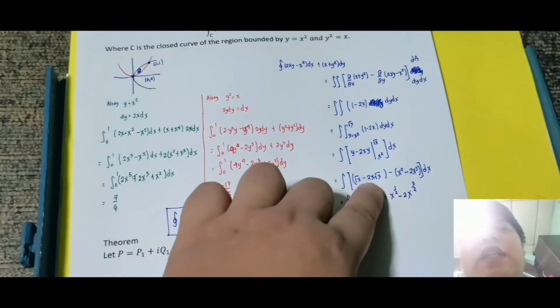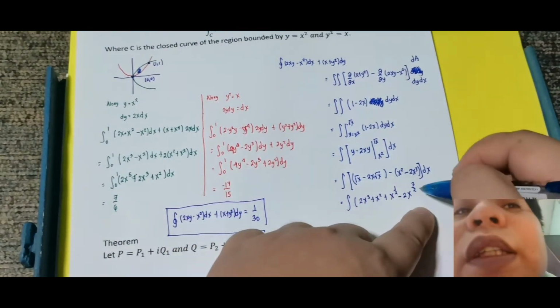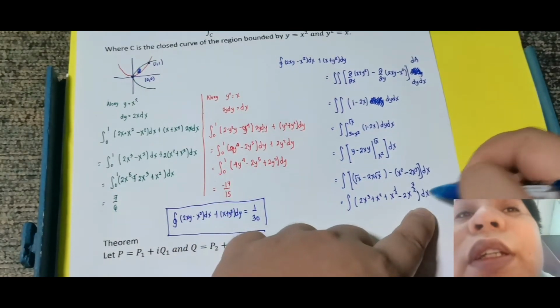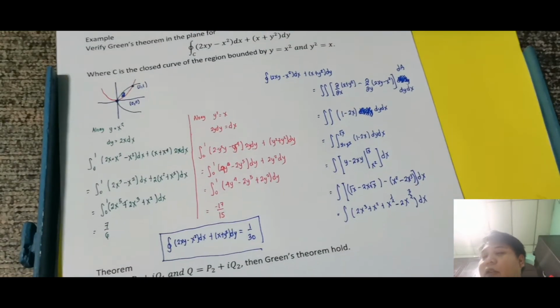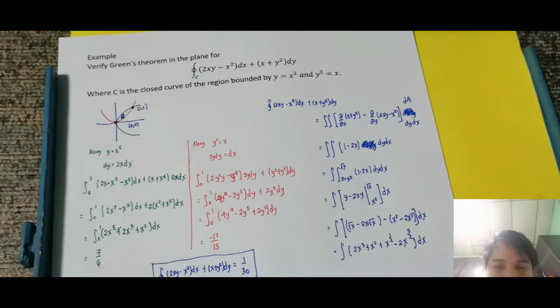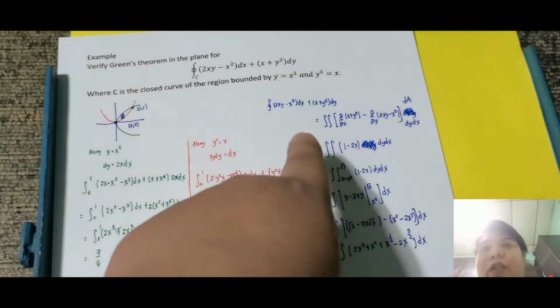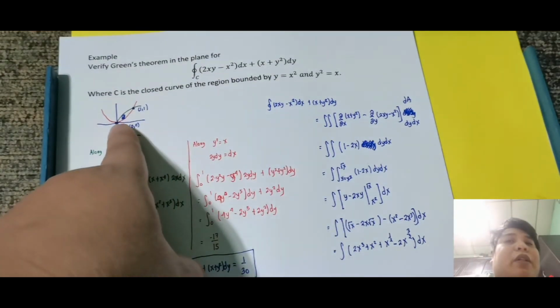Pag sinimplify ito, yung negative 2x square root of x, then dx. Okay, ngayon, ano yung problema? Ano naman yung gapang pagdating sa dx? Ang gapang ng dx is from 0 to 1.